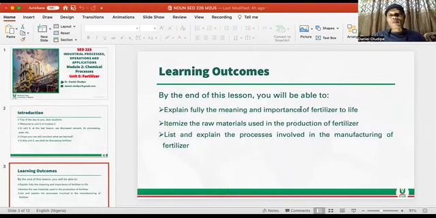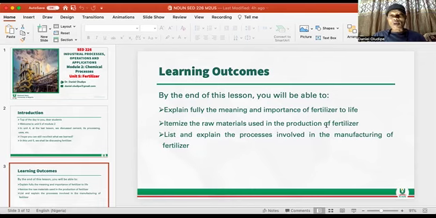By the end of this lesson, you are expected to be able to explain fully the meaning and importance of fertilizer to life. Then you should also be able to itemize the raw materials used in the production of fertilizer.